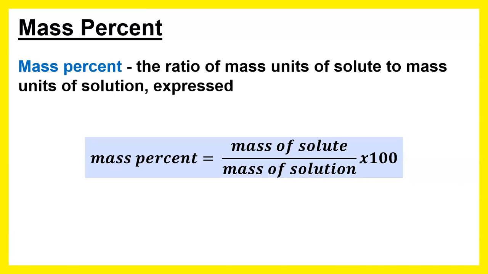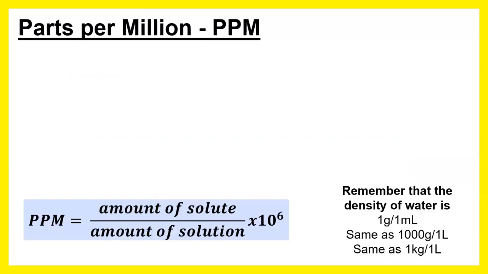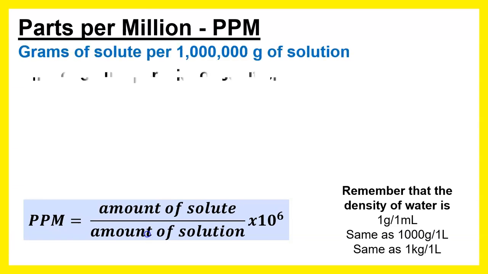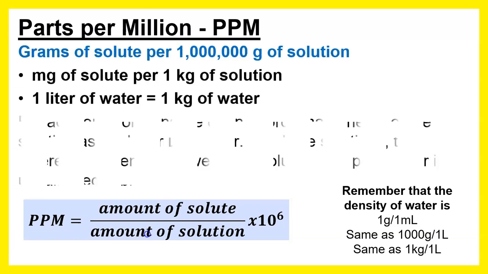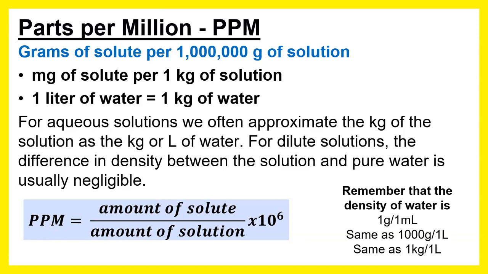Mass percent can be very common to see, like on the previous slide. Make sure you multiply by 100, right? Here's your parts per million. Now, one of the things that I notice is that people forget how to multiply by 1 million.